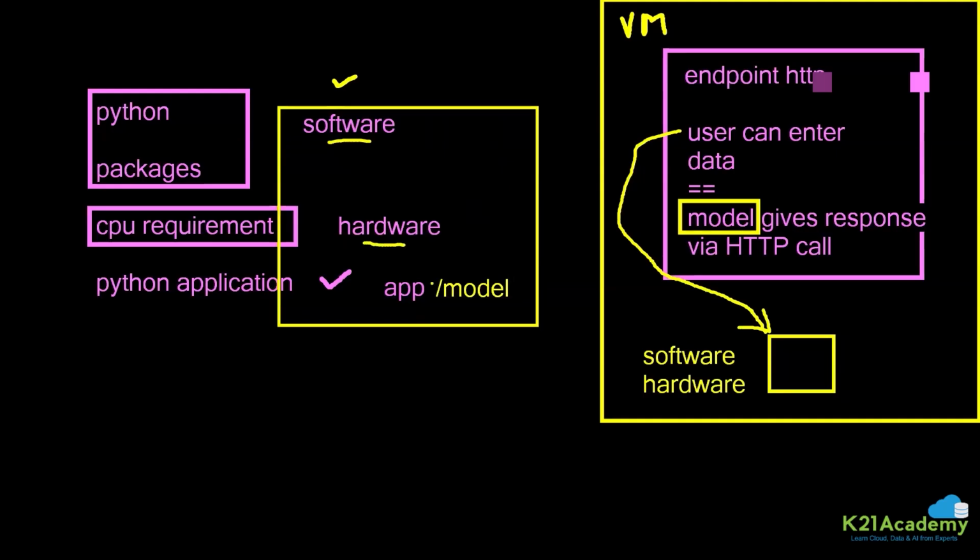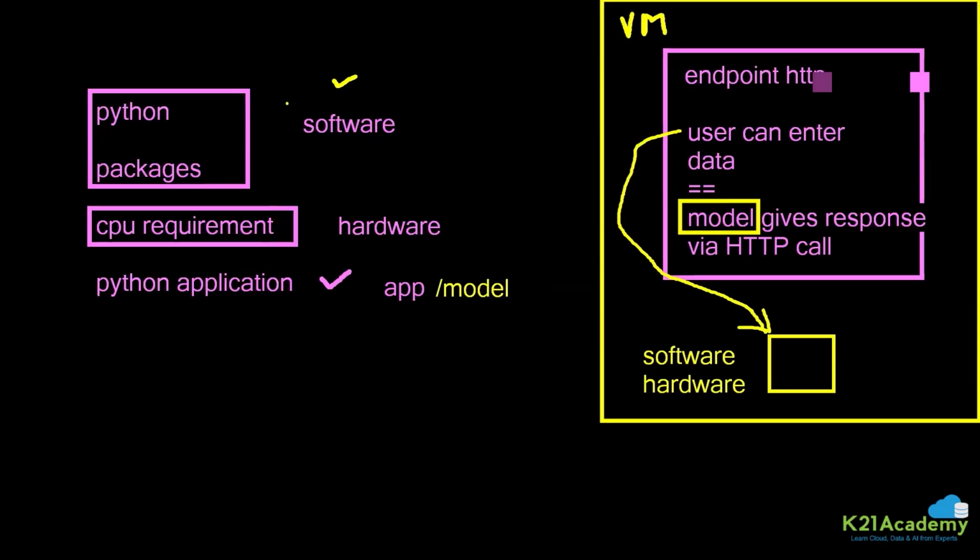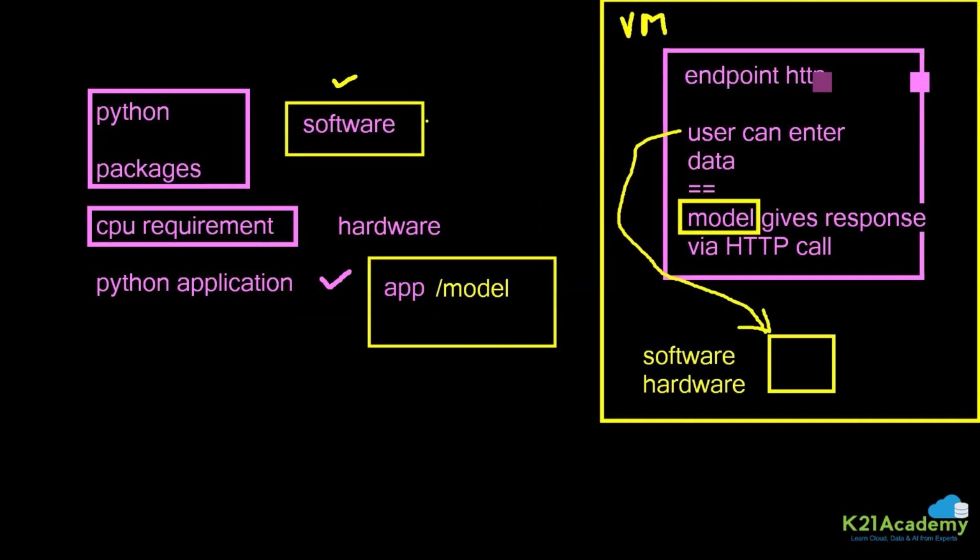So the model, the software environment, basically the software that we require and the hardware that we will use, we try to bundle these together as a Docker image.